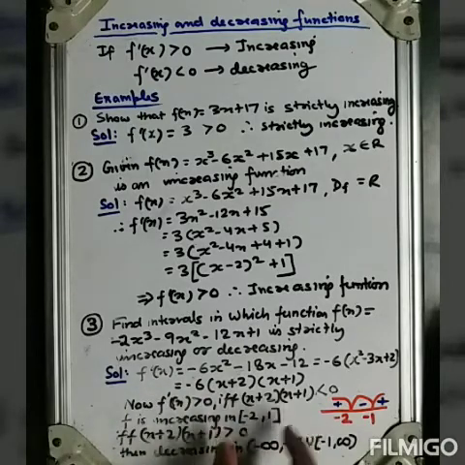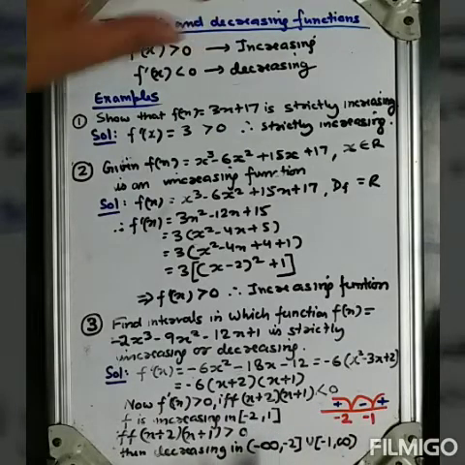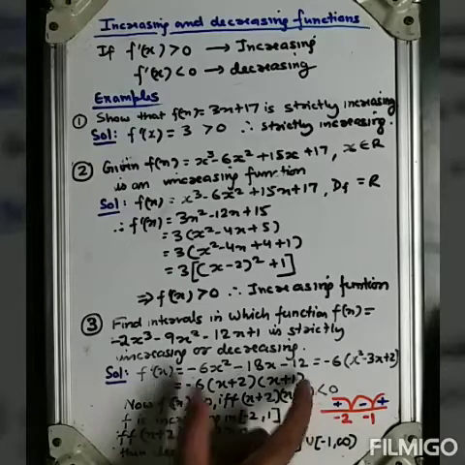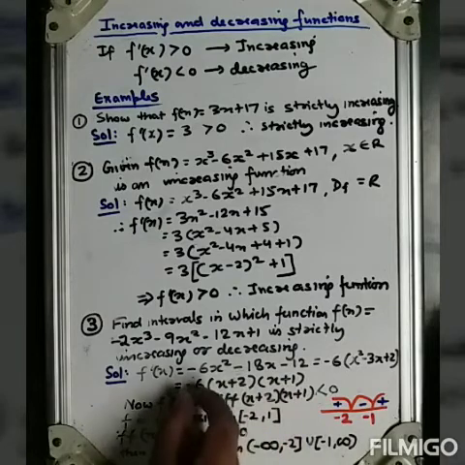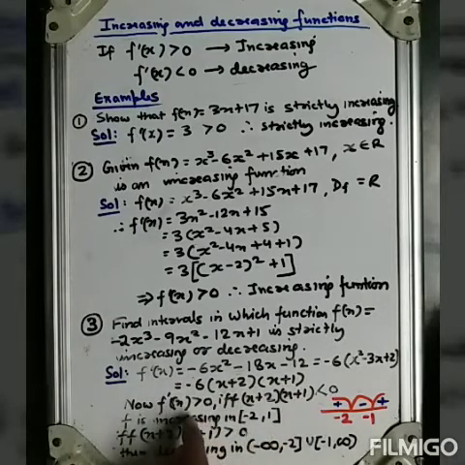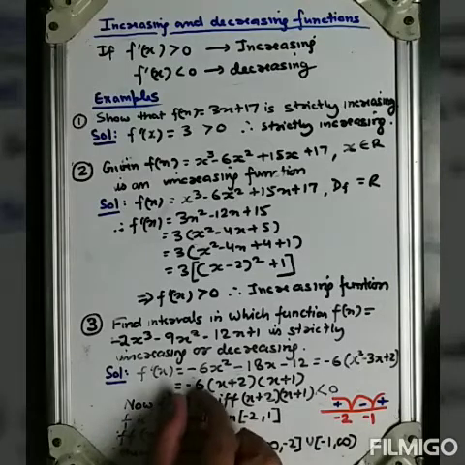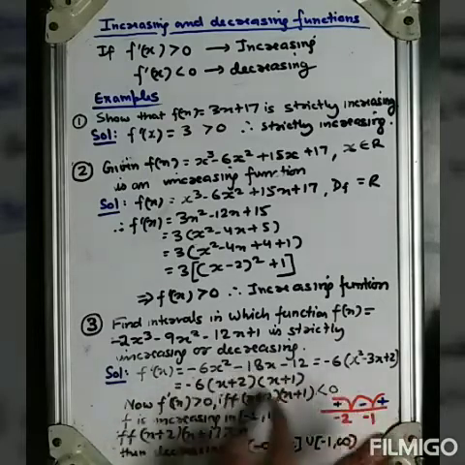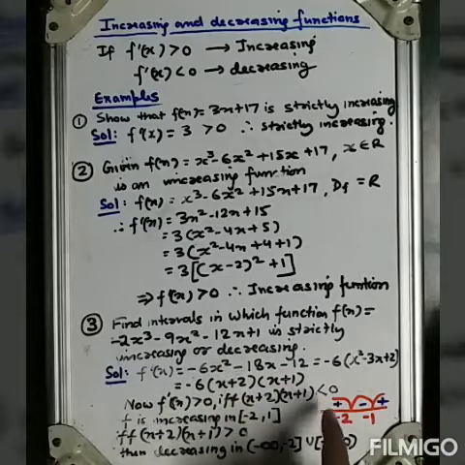So, for getting an increasing function, this should be greater than 0. So for getting the increasing value, this whole differentiated value along with negative 6 should be greater than 0. And this will be greater than 0 only when, as minus 6 is itself negative, this should also be negative.